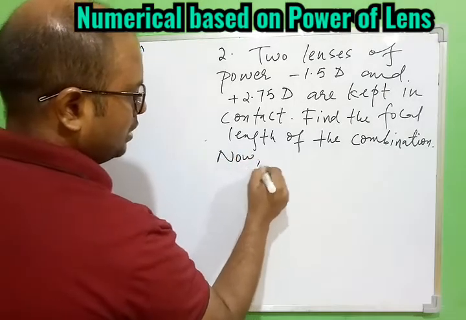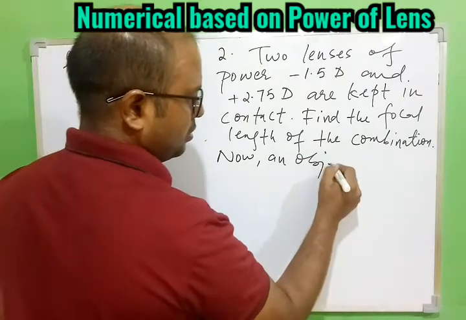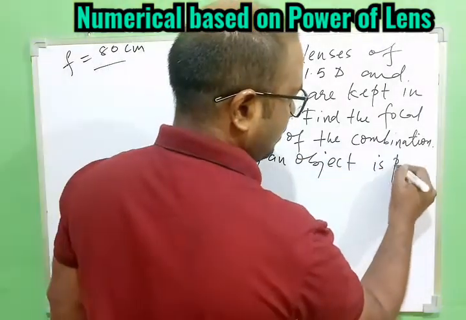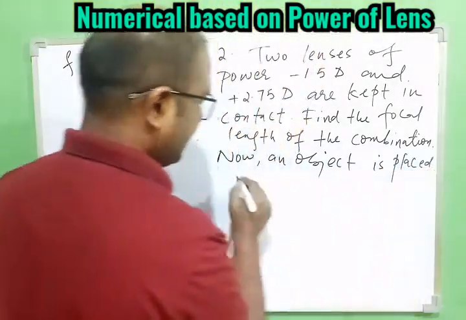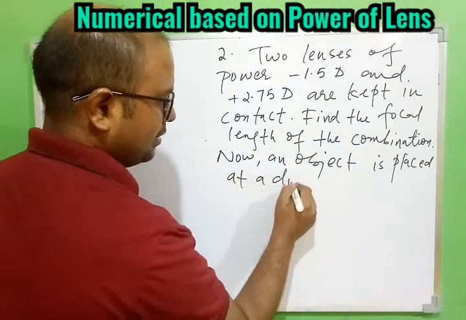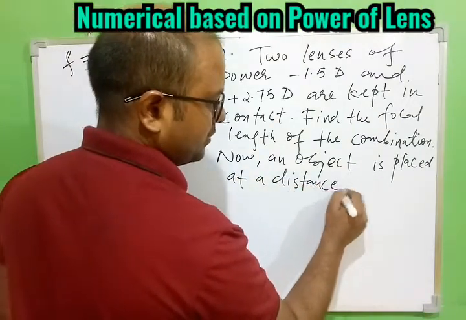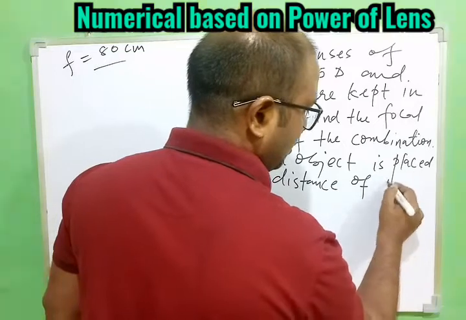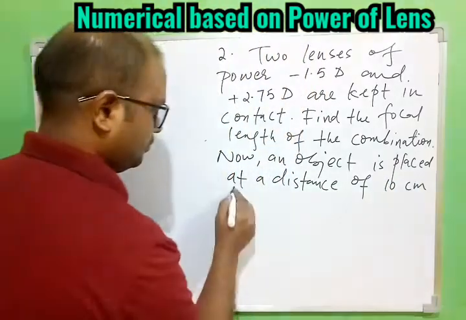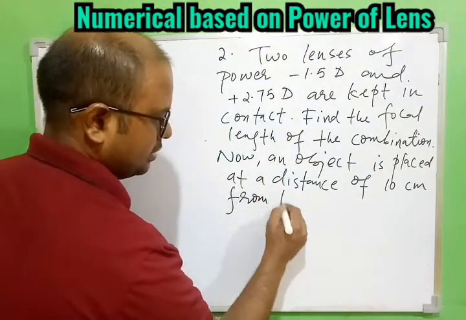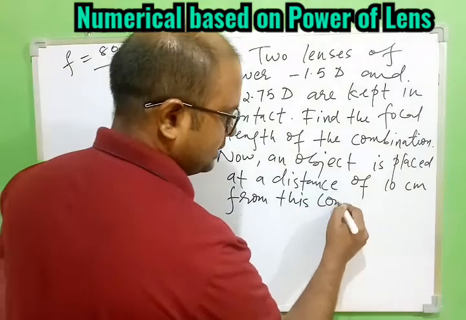Now an object is placed at a distance of 10 centimeter from this combined lens.